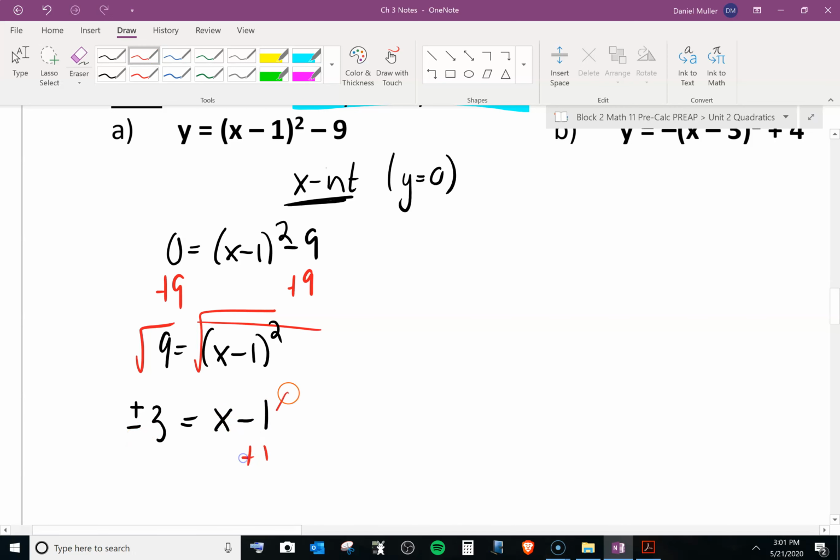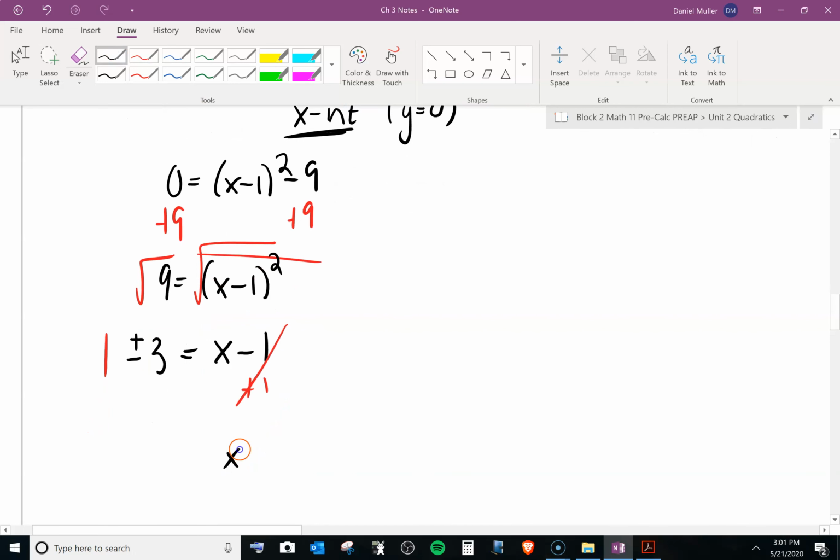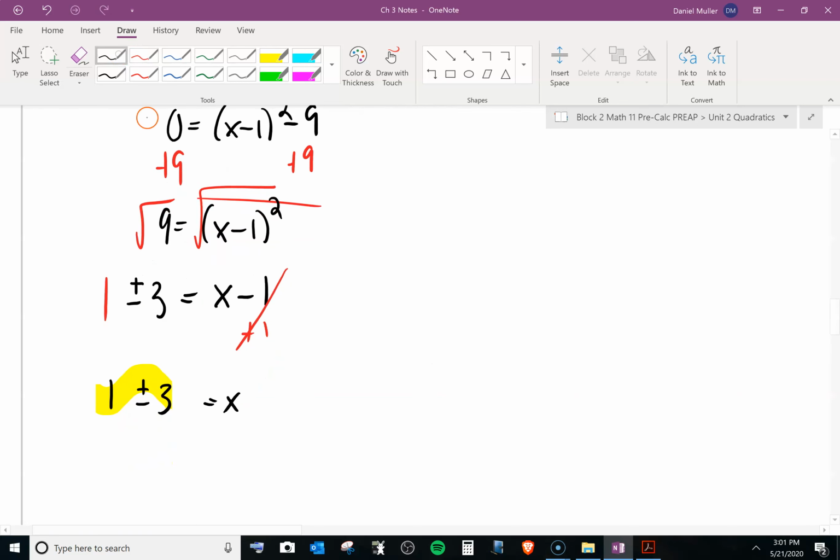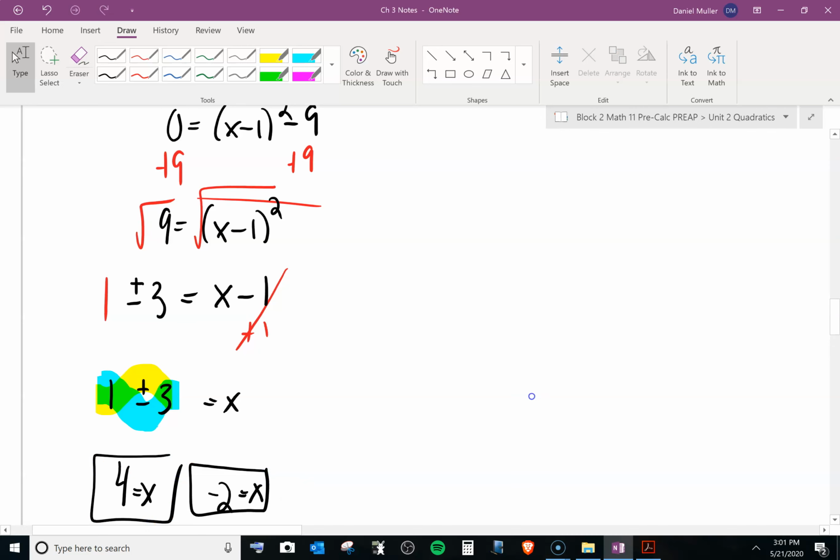And then we can add the 1 over to this side. So we have x equals 1 and then the plus or minus 3. So we've got the 1 plus 3 option, which is 4. So x equals 4. But then we also have the 1 minus 3 option. 1 minus 3 is negative 2. So those are our 2 answers.